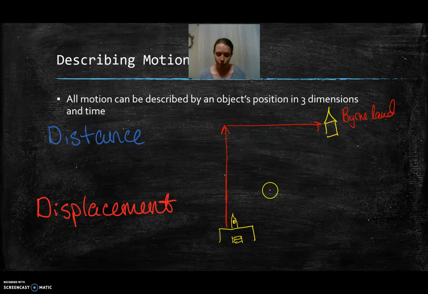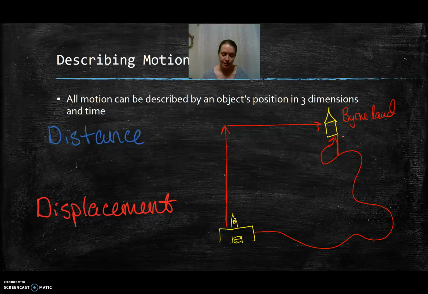So I could take a variety of different paths to get from BHS to Burnland over here, and travel different distances. For example, if I drove 2 miles south and then 1 mile east, I went a total distance of 3 miles.